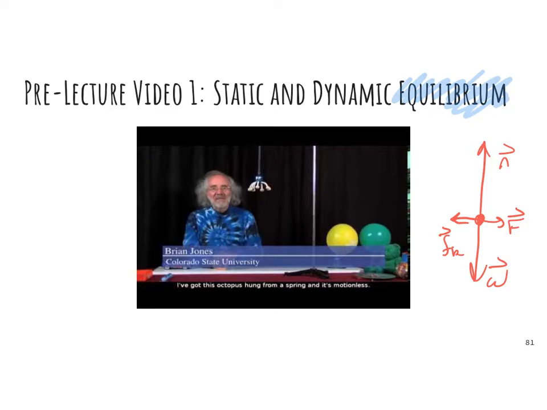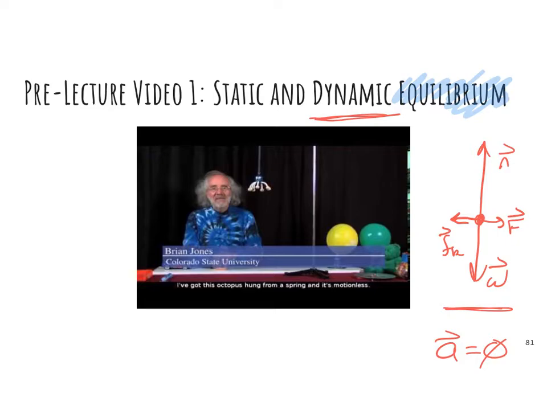But the point in the pre-lecture video is there are two types of equilibrium. This example right here is dynamic equilibrium, meaning that it's in motion. The forces are balanced and the acceleration is zero. And as we know, any object in motion tends to stay in motion unless there's an outside force that acts upon it. So this one is in equilibrium and it's balanced at zero.